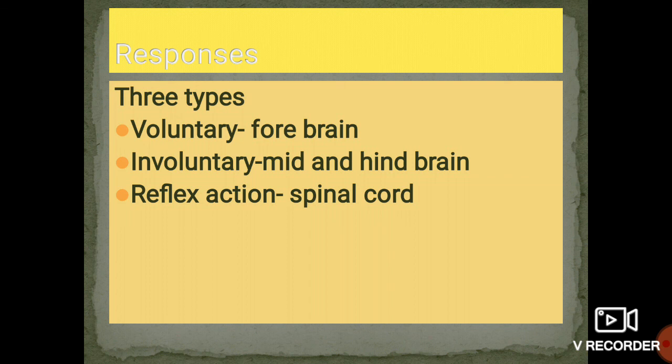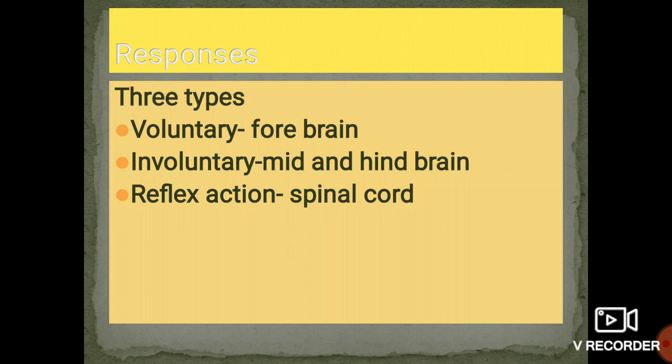Our brain has three major parts: forebrain, midbrain and hindbrain, that we will learn later in this chapter. The voluntary responses are walking, writing, etc.